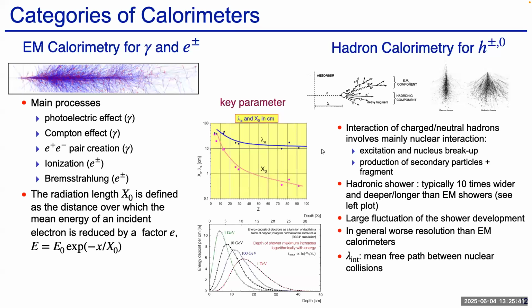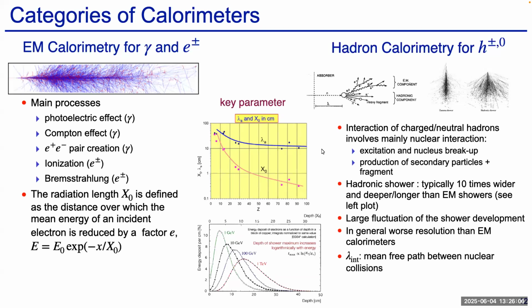And that, of course, has something to do with how you segment your calorimeter. The hadronic showers are typically 10 times wider and deeper than electromagnetic showers, which tells you that an electromagnetic calorimeter can be a little bit light and swift. But hadronic calorimeters are usually tons and tons and tons.